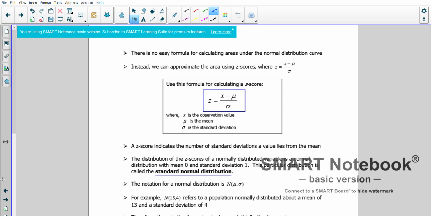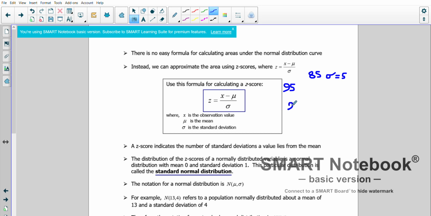So again, thinking back to my golf example, if I took the score of 95, how would I determine how many standard deviations that is away from my mean, I believe I said my mean was 85, and my standard deviation was 5. Well, obviously it's 2 standard deviations away, but how would I get that mathematically?